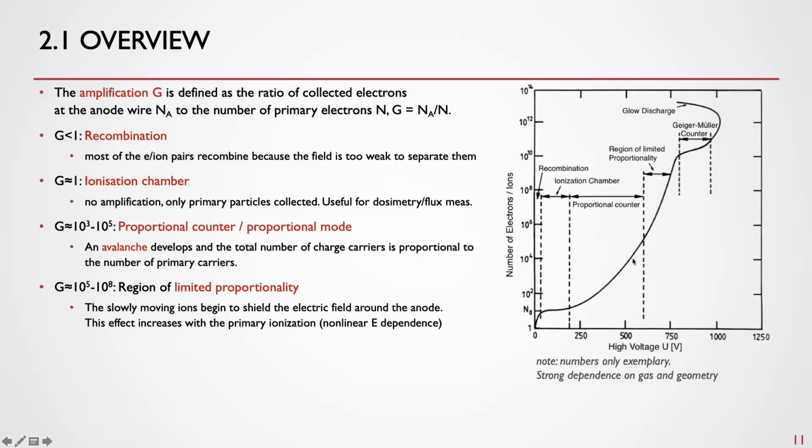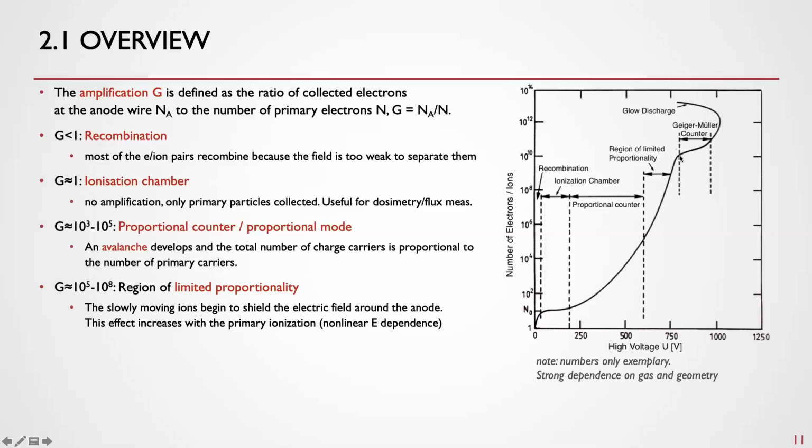If you look at the diagram, in fact, the exponential curve would increase even more steeply than is happening in reality in the region of the limited proportionality. So this creation of a large number of ion pairs close to the wires that shield the field strength causes an attenuation.